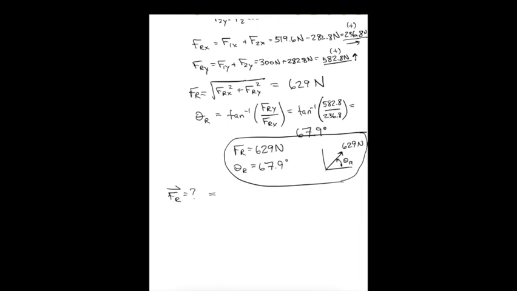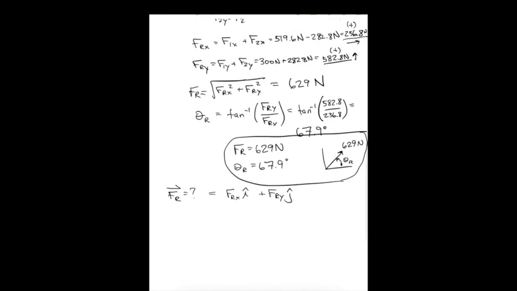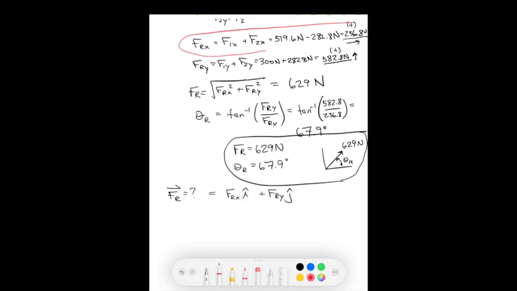So that's going to be equal to FRx with the Cartesian unit vector i plus FRy j hat. And so we could add up each of these numbers separately, but we've already done that, right? So we've already gone up here and figured out FRx and FRy.